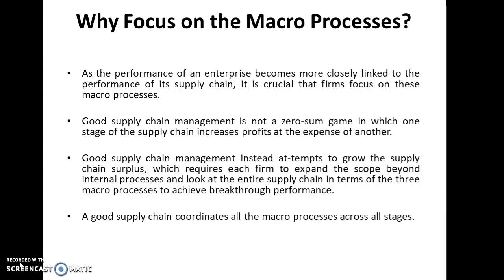So, good supply chain management should attempt to increase the supply chain surplus, expanding the scope beyond internal processes and looking at the growth of the entire supply chain in terms of all the macro processes so as to achieve breakthrough performance. In a nutshell, a good supply chain coordinates all the macro processes across all stages.